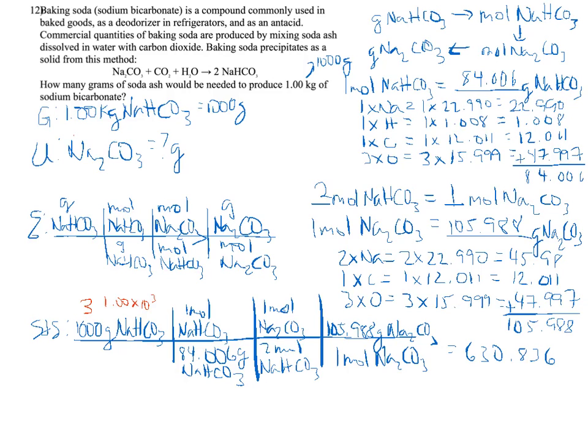Alright, so our next one, the 84.006, has 5. Our molar ratios are always exact. And then our last molar mass has 6. So our answer needs to go to 3 significant digits. So we round off to the 0, and the 8 rounds the 0 up. So this becomes 631 grams of Na2CO3.